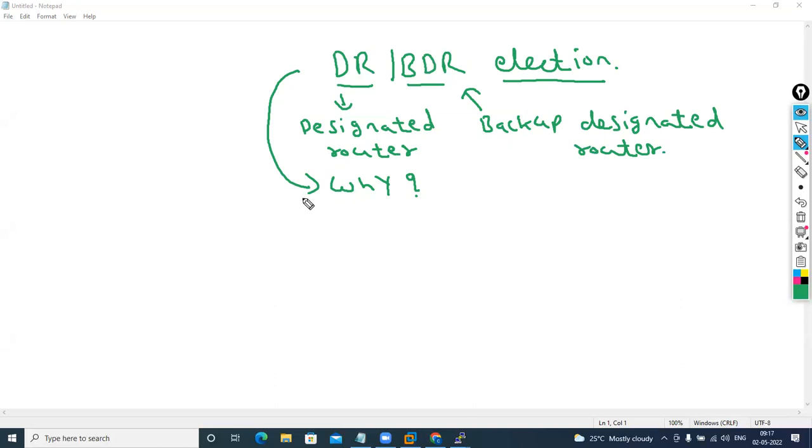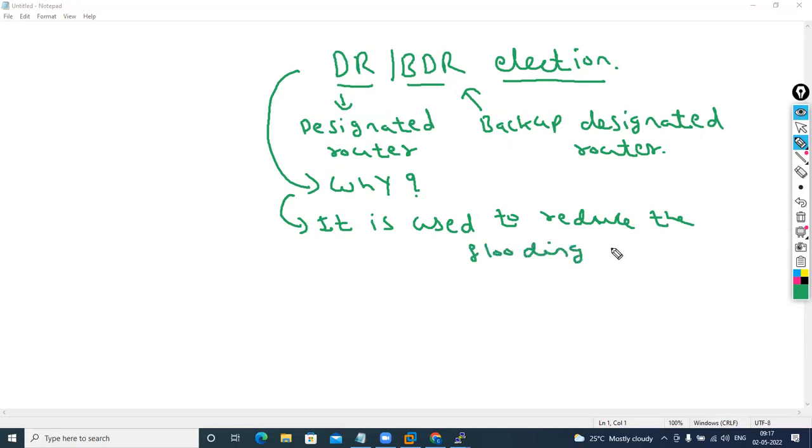So why we require DR/BDR is it is used to reduce the flooding of LSAs.